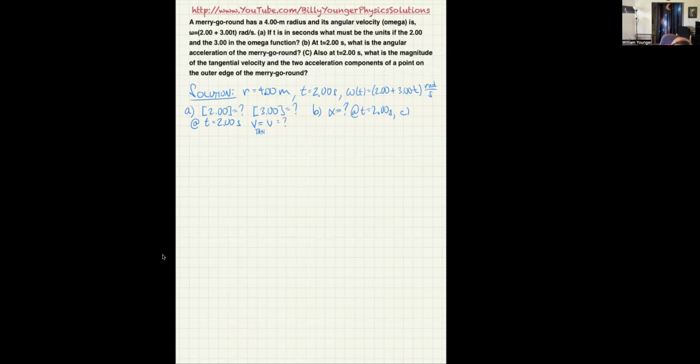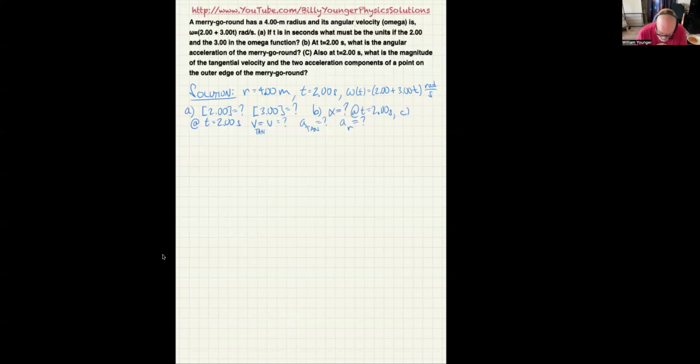We also want to know a, the tangential acceleration at that time, and we want to know a, the radial, what we had previously called a sub c, but now in this chapter of the book we're calling it a sub r, the radial acceleration. So that's what we're looking for.